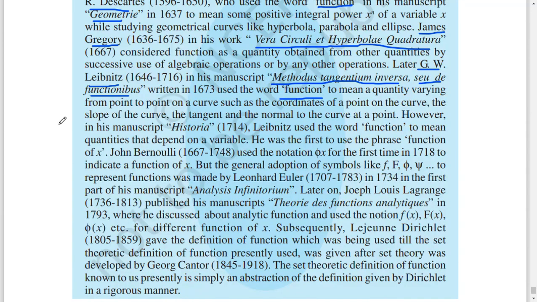However, in his manuscript Historia, 1714, Leibniz used the word function to mean quantities that depend on a variable. He was the first to use the phrase function of x.